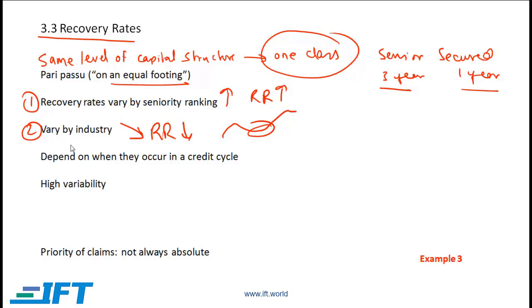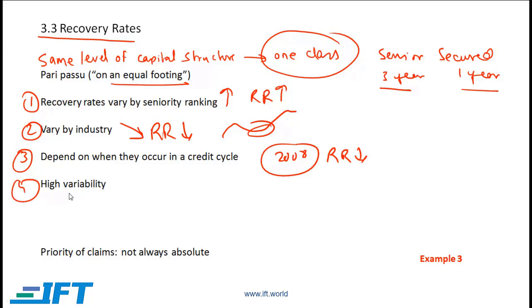Third point has to do with the fact that recovery rates also depend on when in a credit cycle they occur. If we take the recent credit crisis, if a default happened in 2007, 2008 at the peak of the credit crunch, then the recovery rates would be relatively low.